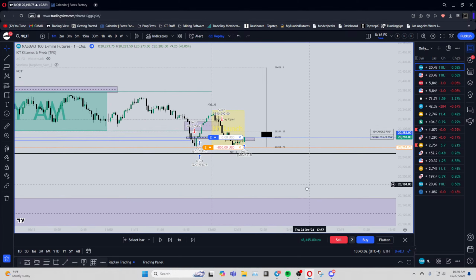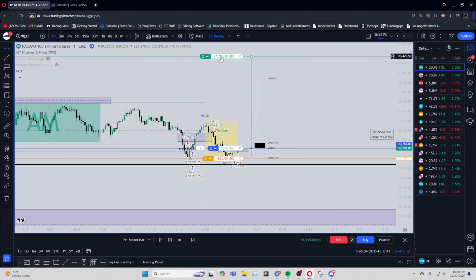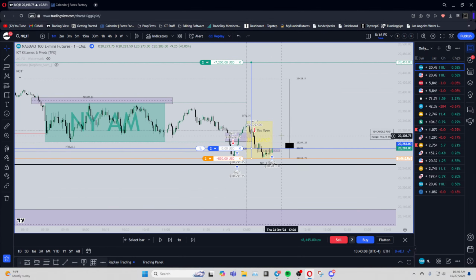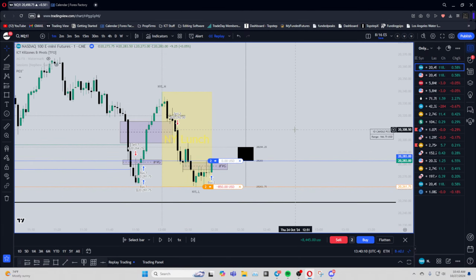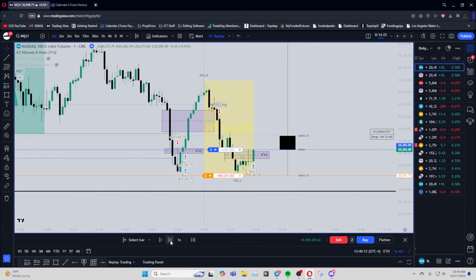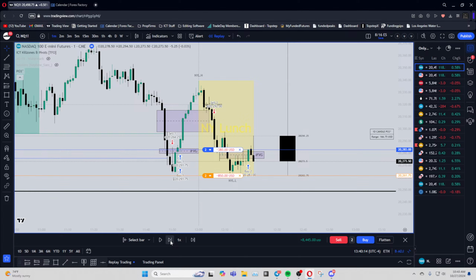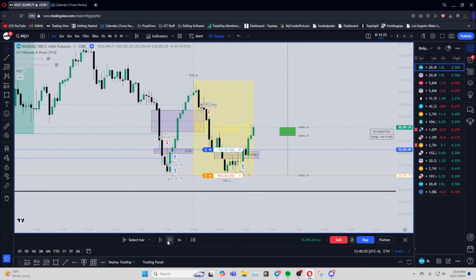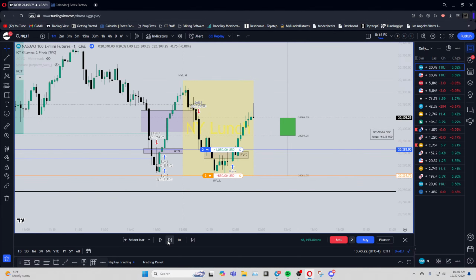And let me set this here. Notice I don't really have just like a main target yet. We're just kind of going based off our conditions. Okay, we inverted all of these fair value gaps, so at this point, go break even.